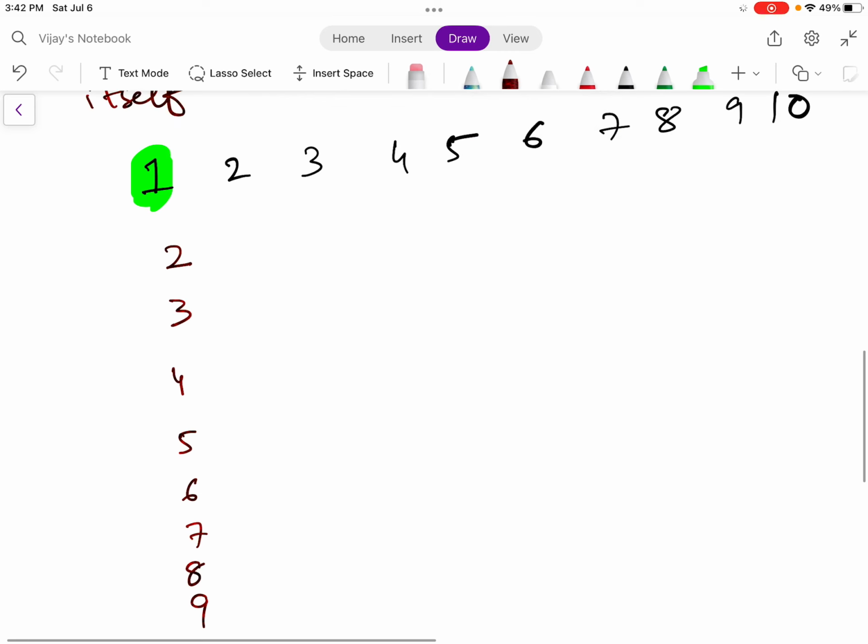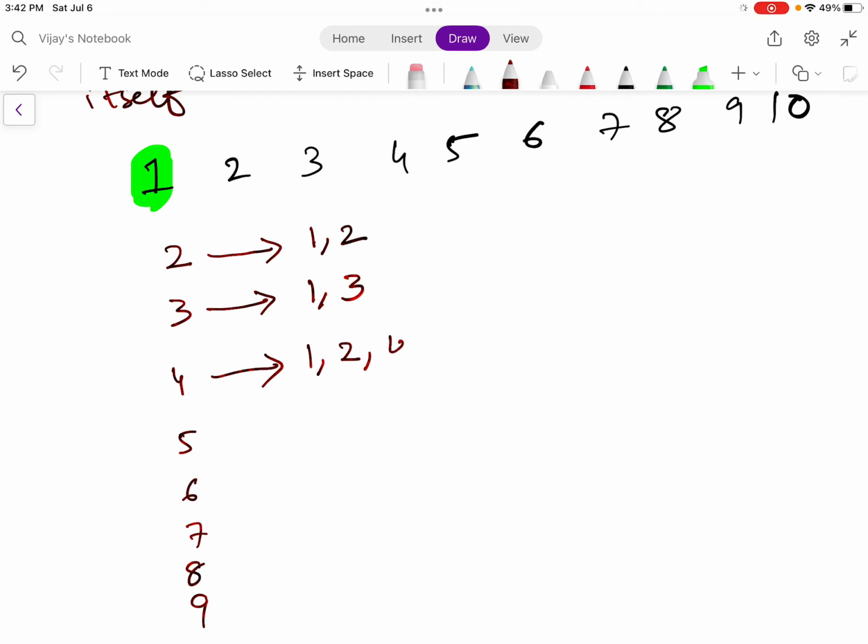Now I will write the factors of these numbers. If you take 2, what are its factors? The factors of 2 are 1 and 2, because no other factor exists. The factors of 3 are 1 and 3. For 4, if you remember the 2 table, 2 times 2 is 4, so the factors of 4 are 1, 2, 4.